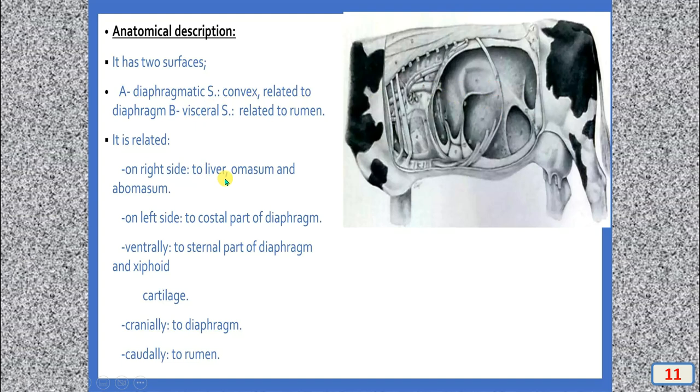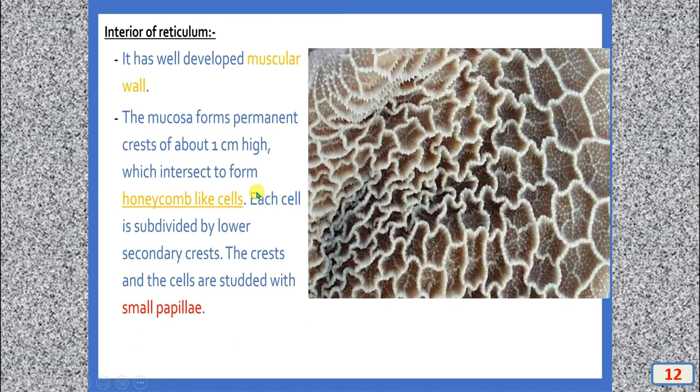On one side the liver, and on the left side the costal part of the diaphragm, ventrally the sternal part, and also the xiphoid cartilage. Cranially it is the diaphragm, caudally the rumen. So these are all the anatomical boundaries.